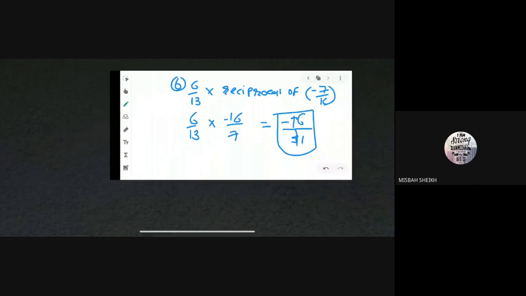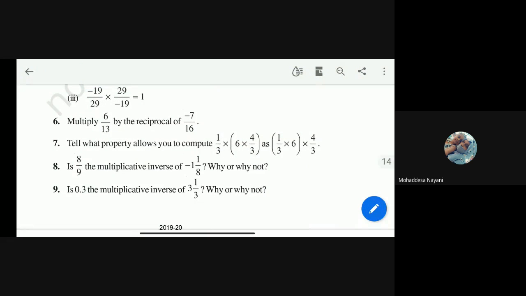Okay, now you can see question number 7. Tell what property allows you to compute 1 by 3 into 6 into 4 by 3 as 1 by 3 into 6 into 4 by 3. You can see here we are changing the bracket, so it is the associative property.